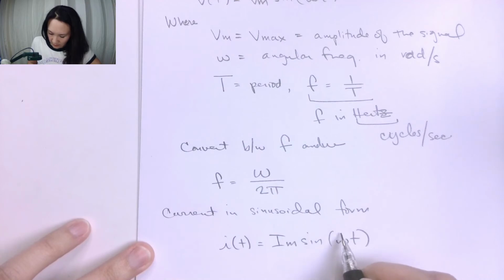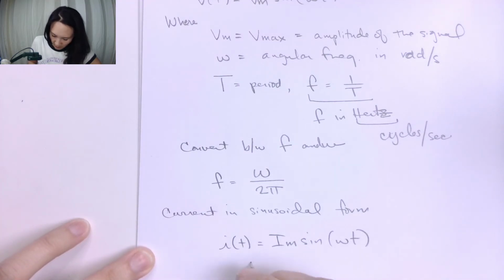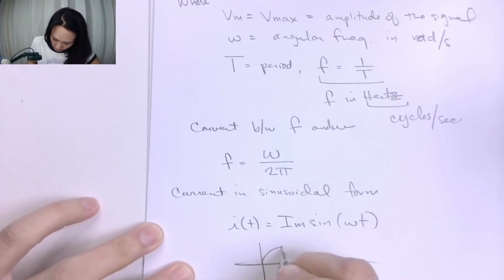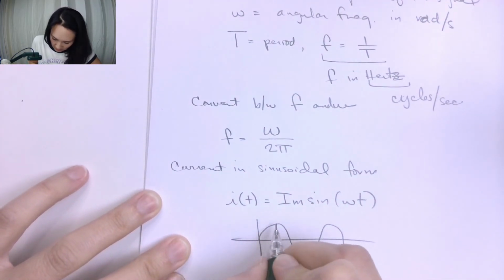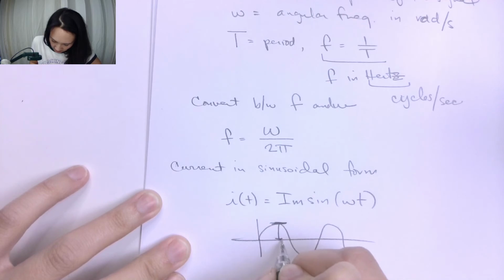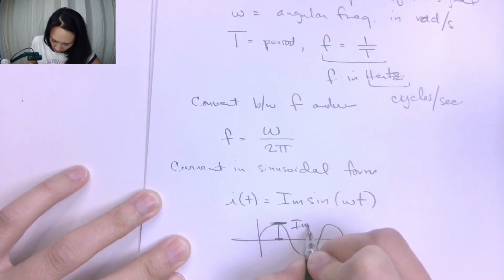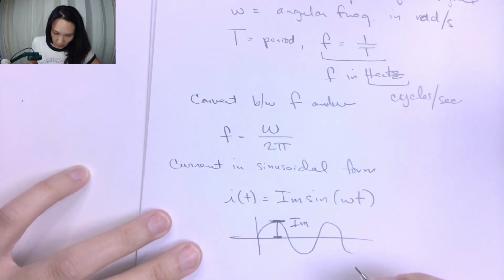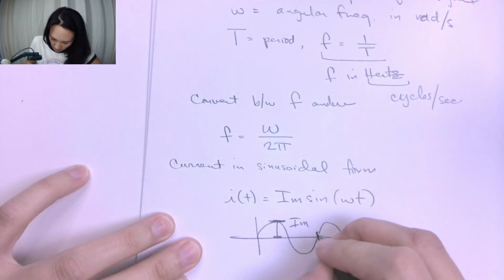Where this is the angular frequency, this is our independent variable t, and I max is the maximum amplitude of our signal. So if it has a shape kind of like this, we know that the distance from here to here is I max.